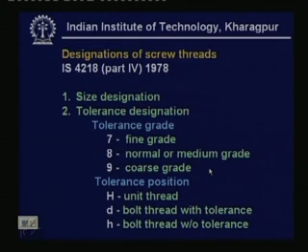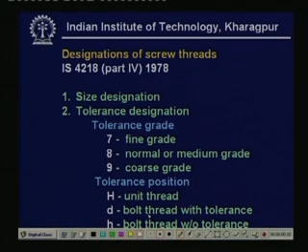Now, the designation of screw threads, these are done in the Indian standard, namely IS 4218 part 4, and this was affirmed in 1978. There are two kinds of designations, one is size designation, and this is done by a letter M for metric thread, and then comes the nominal diameter, the D major.